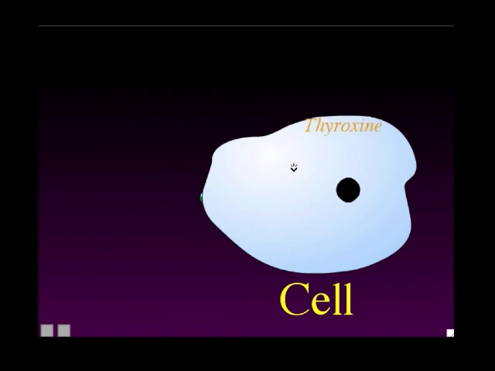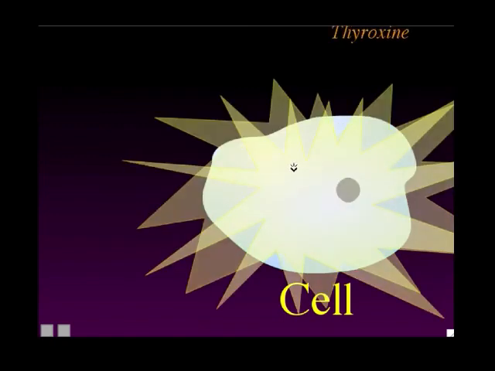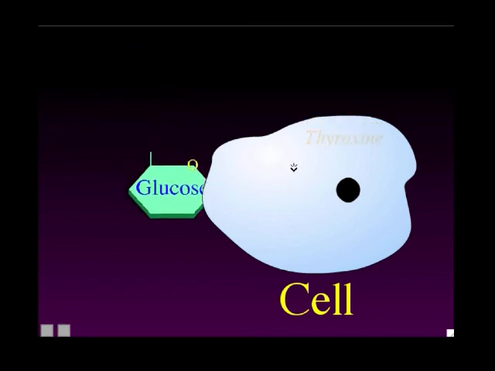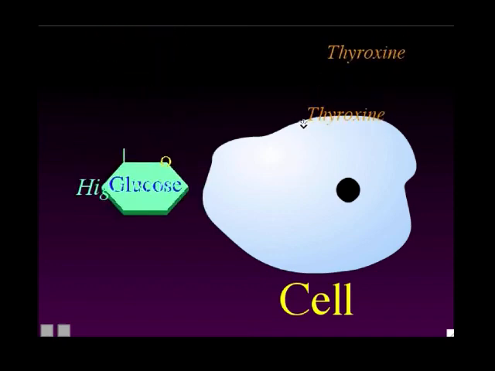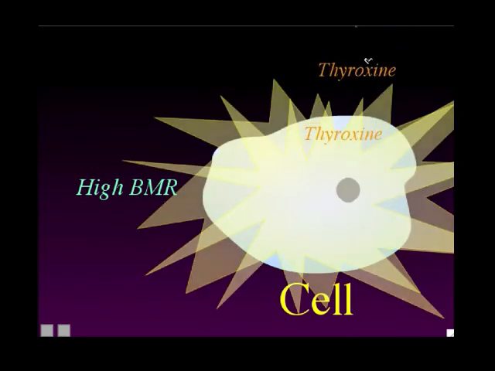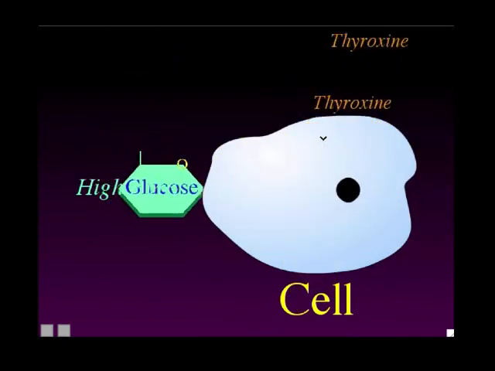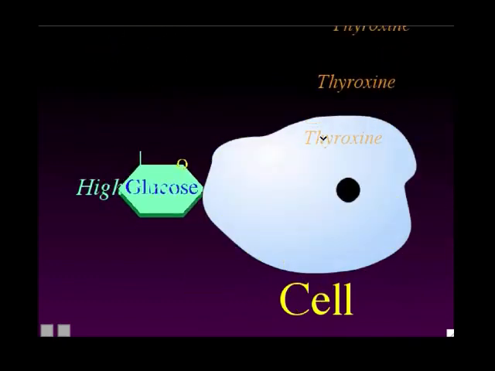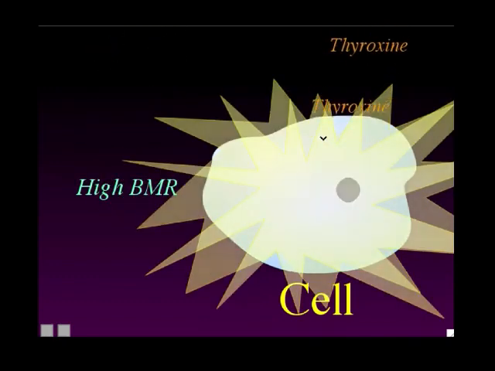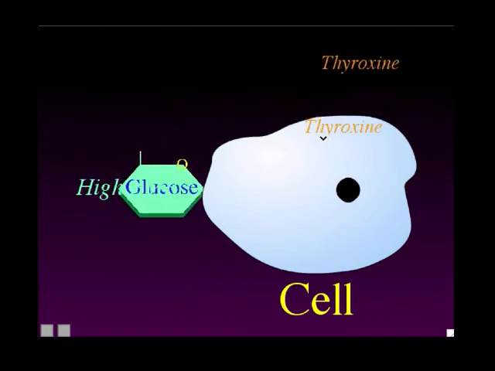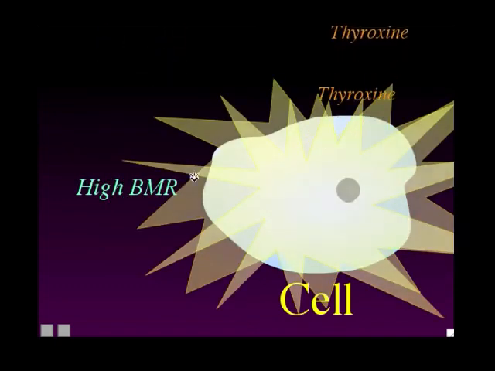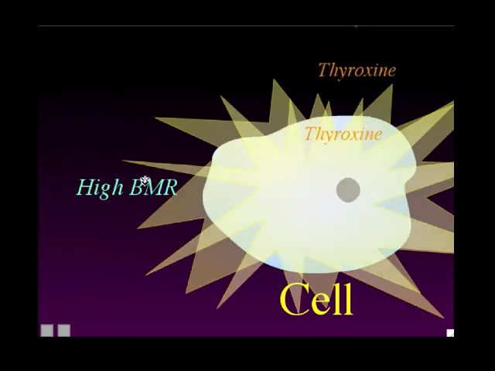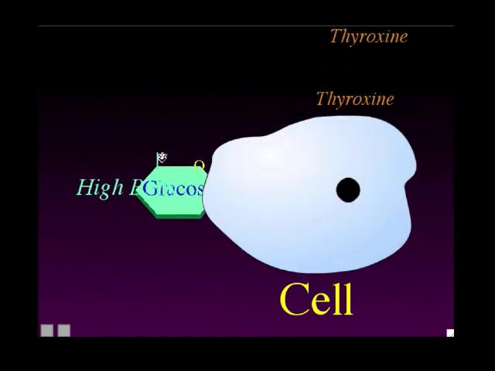So if a person's thyroid gland, for whatever reason, makes large amounts of thyroid hormone, here's what happens. The high amount of thyroid hormone tells the person's cells, hey, take in lots of glucose from the blood. And so that person's cells are constantly burning up glucose at a very fast rate. And so that person burns through many calories per hour, because the glucose is part of their body's energy store. So they're burning through a lot of energy per hour.